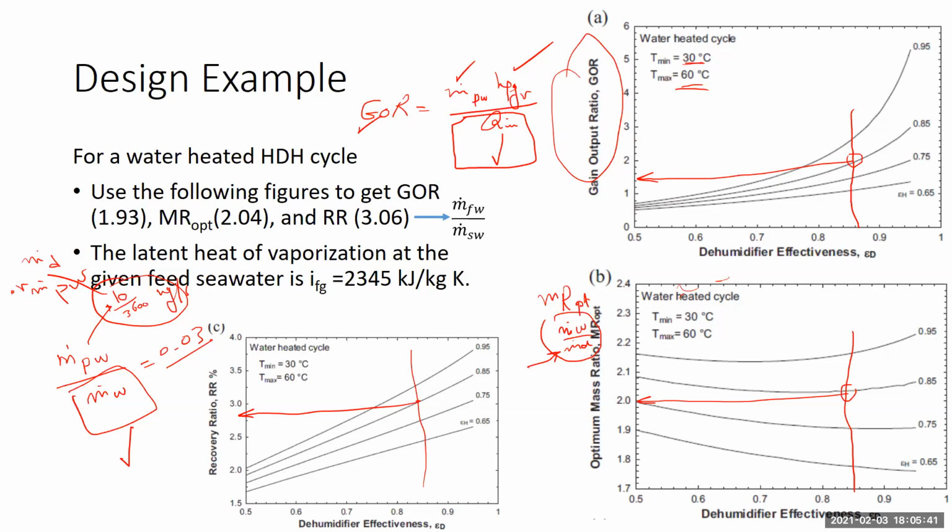And then you can realize this Qn, whether you do it with an electric heater or any other type of heater, it doesn't matter. But anyway, this is the Q which is needed for this case. So using these three figures here, we got a GOR of 1.93, an optimum mass flow rate ratio of about 2, and a recovery ratio of 3.06, along with HFG of 2.345 kilojoule per kilogram Kelvin.